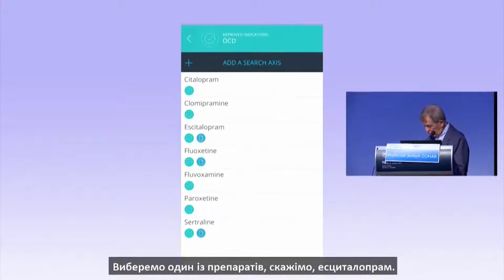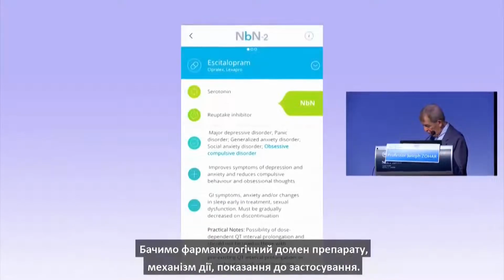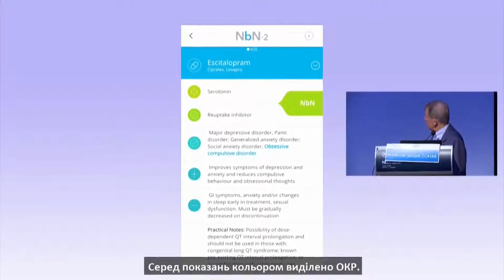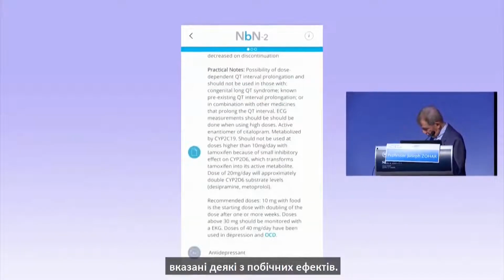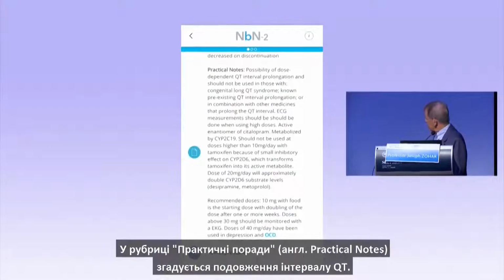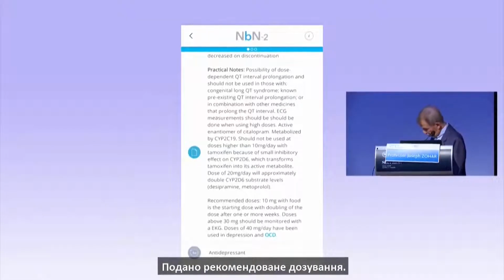Let's say we touch on one of them, citalopram, and then you get the pharmacology, mode of action, indication, and since we are focusing on OCD, you see that it's in a different color. Then you see the efficacy, some of the side effects, and in the practical note you see the reference to QT interval prolongation, and also the dose recommendation.